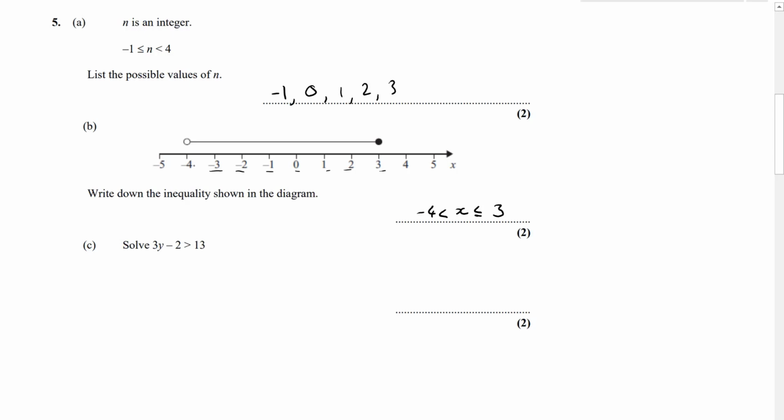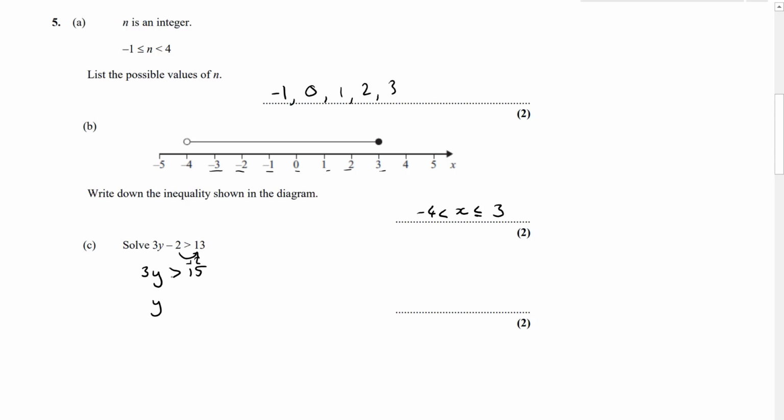Okay, so now we're going to solve this linear inequality. So we're going to solve it exactly as we would if it had an equal sign. And so we're going to say that 3y, I would move the 2 over to here, is equal, and when I move the 2, I'm adding 2, so this is going to become 15. And then y, this would be a greater than sign.